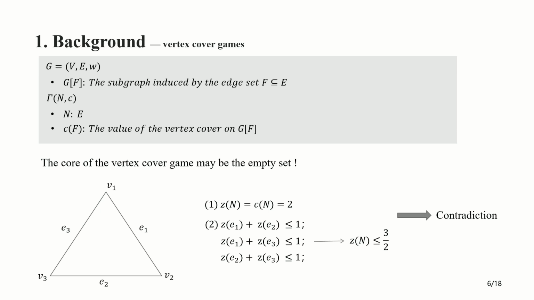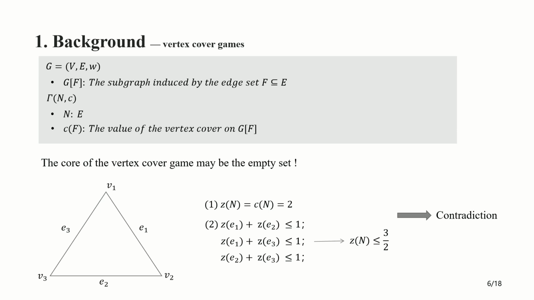Consider the following graph, where each vertex has a weight of 1. There are 3 players, E1, E2, and E3. Clearly, the cost generated by the grand coalition is the weight of the minimum vertex cover of this graph, which is 2. Now, let's assume that the core is not empty.